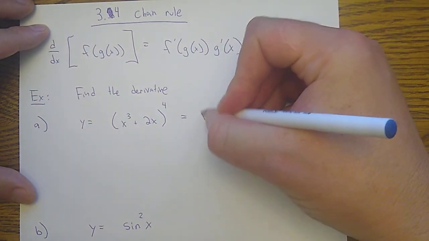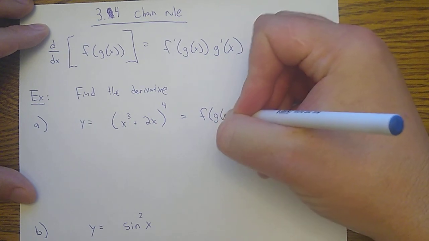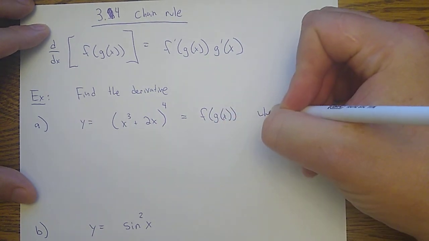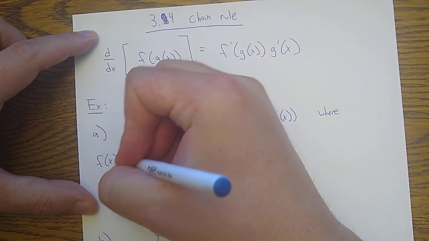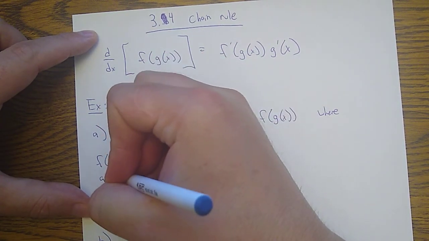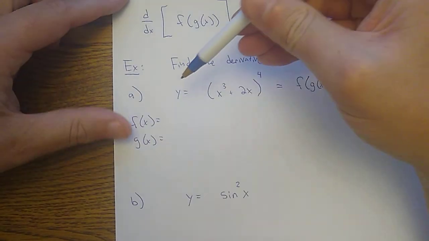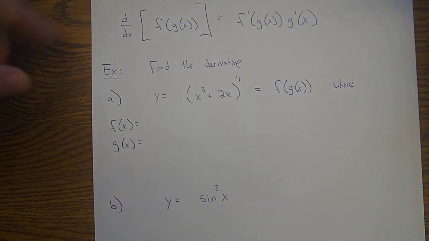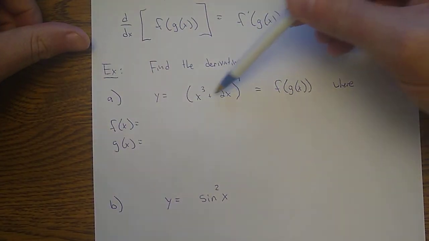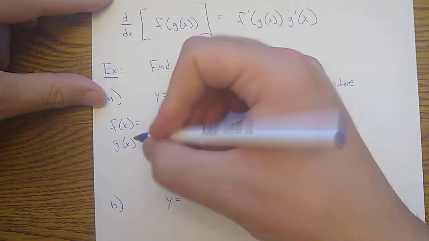This is f of g of x, where maybe it's easier to say what g of x is. G of x is the inside function, so I would say that g of x is the thing that we are raising to the fourth power.